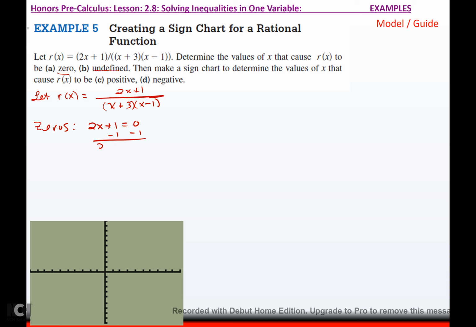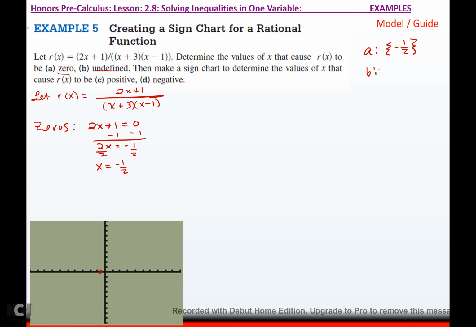Minus 1, 2x equals negative 1, divide by 2, x equals negative 1/2. So you're going to have a 0 at negative 1/2. About right there. Now, to get your undefined, that's going to be my only 0. So as far as A goes, my only 0 is negative 1/2.